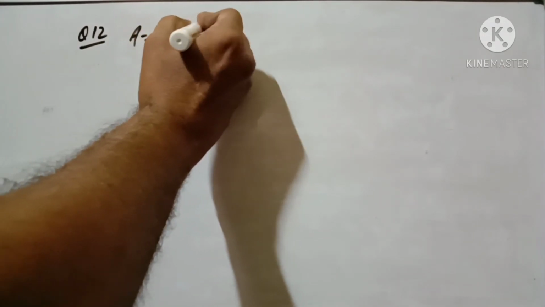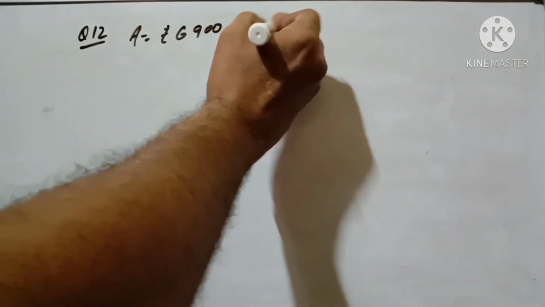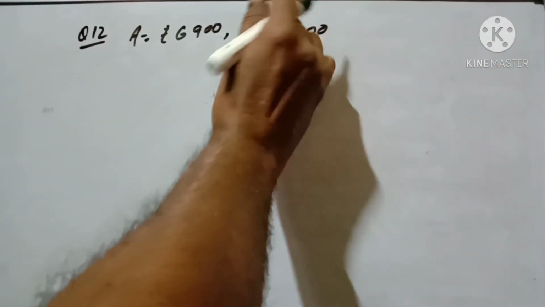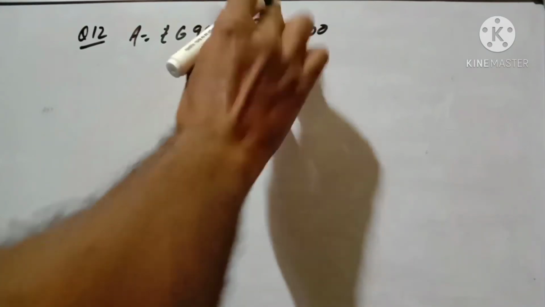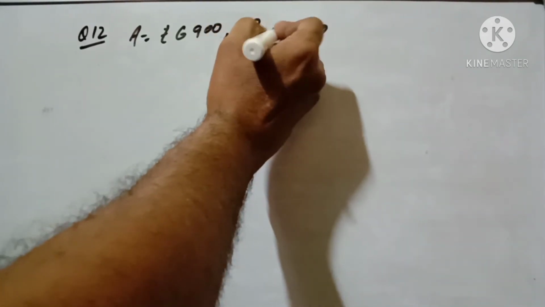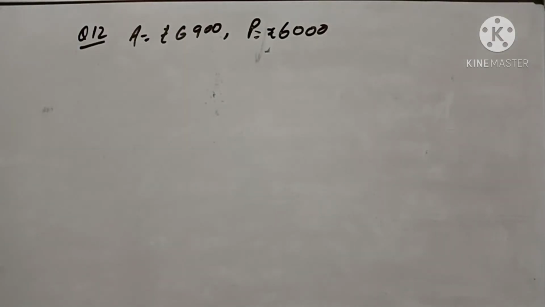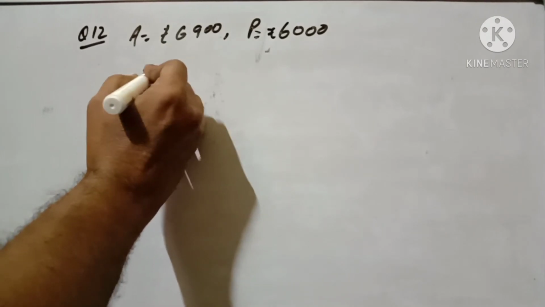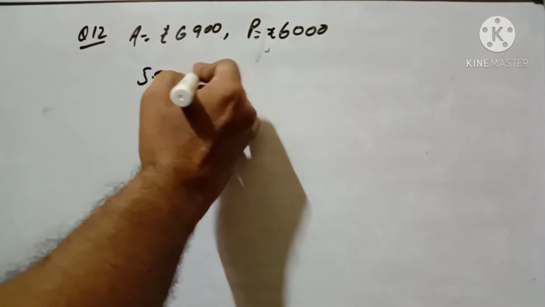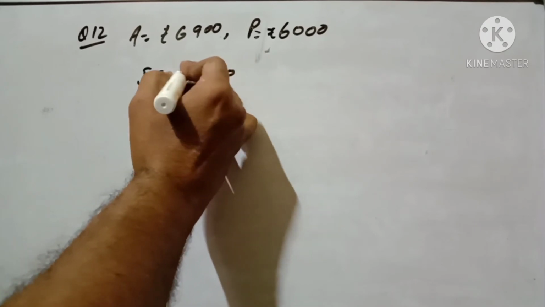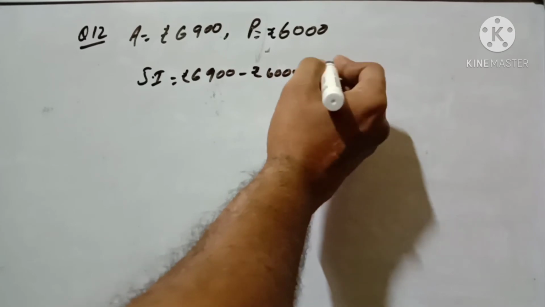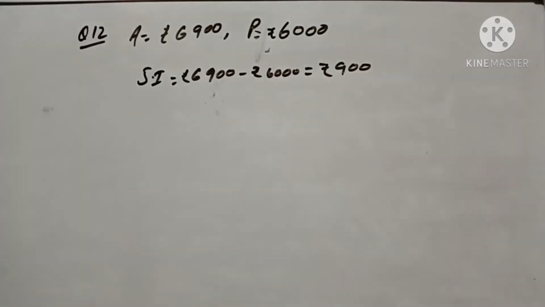And P is given rupees 6000. So we can easily find out SI. So SI equal to A minus P, means 6900 minus rupees 6000 equal to rupees 900. Our SI has come 900.